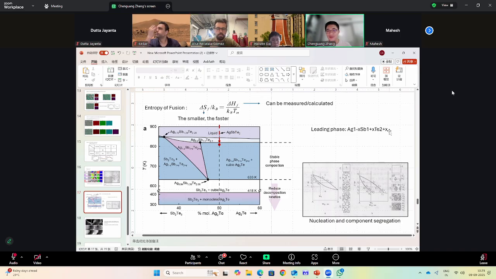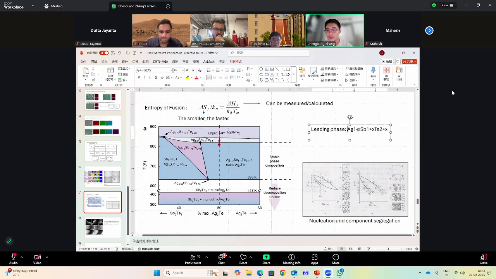The results could be the same, but the logic is a little bit different, because in the liquid, if you solidify your sample from the melting state to the solid, then the first phase formed is the silver antimony telluride, not silver telluride.